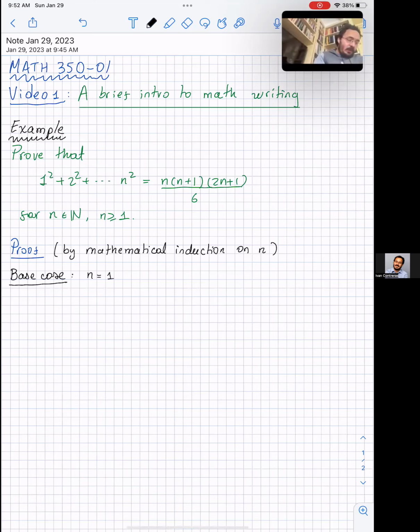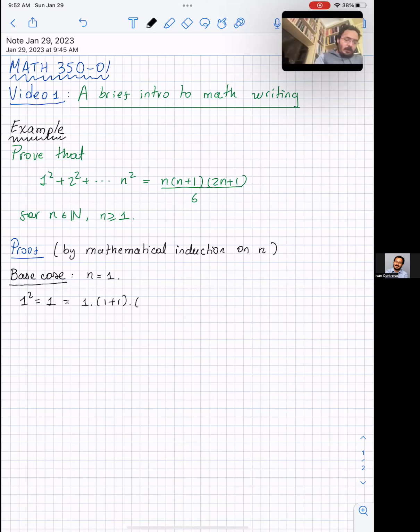And what we do with the base case is just verify that the equation actually holds. So when n equals 1, 1 squared is equal to 1. On the other hand, 1 is equal to 1 times 1 plus 1, times 2 times 1 plus 1, divided by 6.